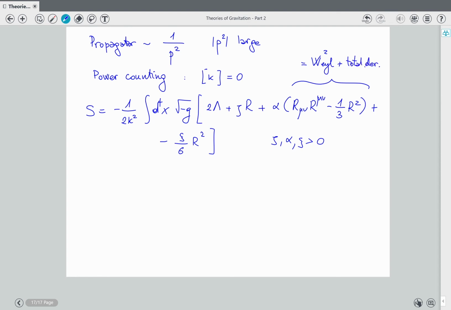You know that Riemann squared can be written as a combination of Ricci squared and R squared up to a total derivative, and so Weyl squared also can be written as a combination of Ricci squared and R squared, this combination, up to a total derivative.